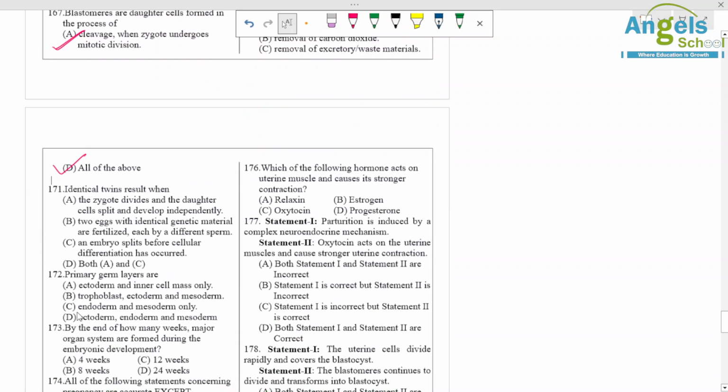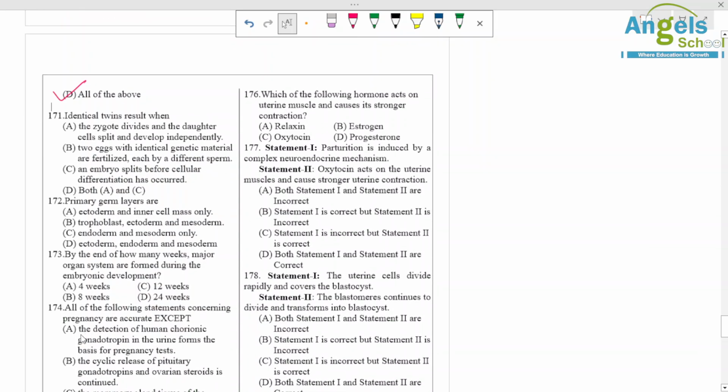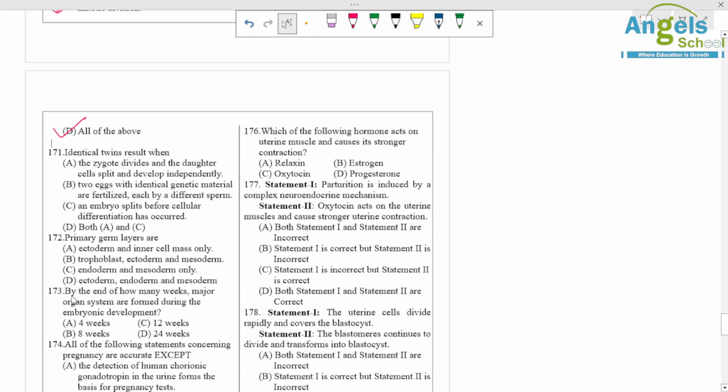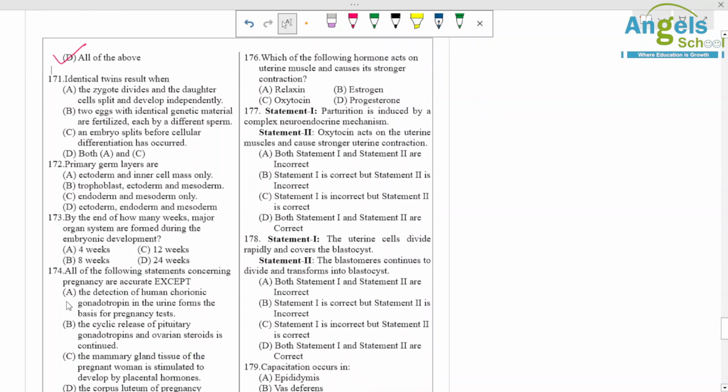Question number 171. Identical twins results when the zygote divide and daughter cells split and developed independently. करेक्ट ऑप्शन है ये.